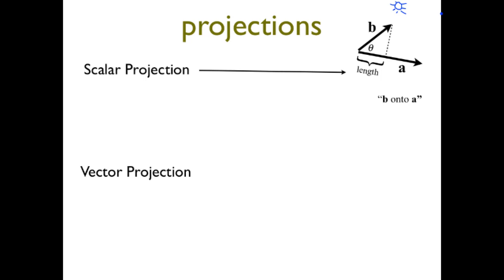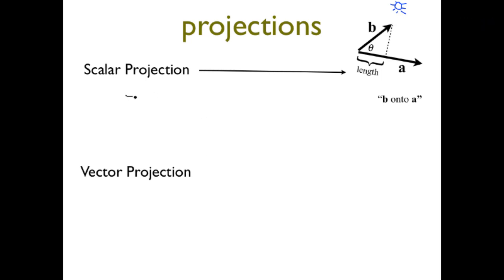Is it always at a 90 degree? Yeah, it's always going to be right. Notice I'm not showing A as horizontal. It's always going to be the perpendicular projection of B onto A, like that. So what is that length? What does that equal?